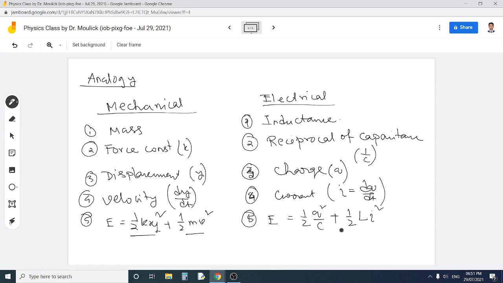Remember, whenever I talk about the sum total of the electrical and the magnetic energy, I have not written Qm or Im here, because whenever you have I to be Im, that means magnetic energy is maximum and electrical energy will go down to 0. And whenever you have electrical energy to be maximum, magnetic energy will go down to 0.